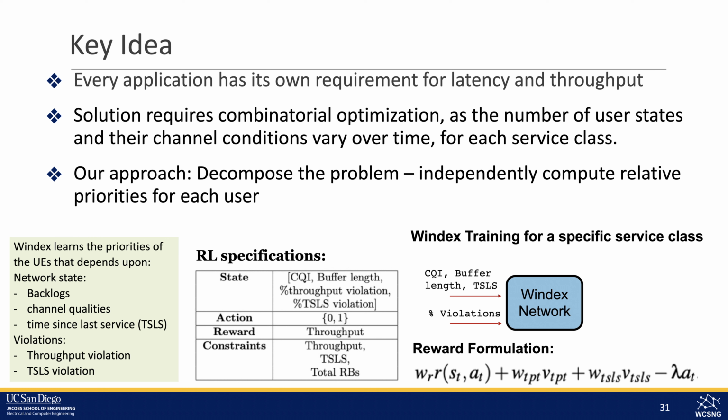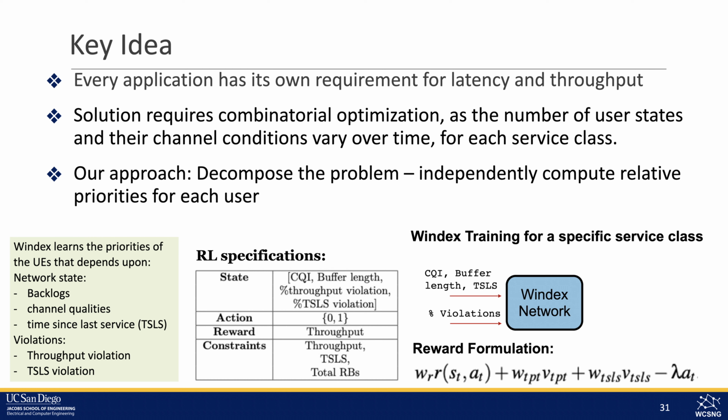So, what is the key idea? The key idea is every application has its own requirement for latency and throughput, and we are trying to guarantee the best effort latency and throughput required to get a good quality of experience. And if you are trying to do it, it's basically a combinatorial optimization problem where, as we scale the number of users and the number of requirements for each of these users, it definitely becomes a very hard problem and it cannot scale.